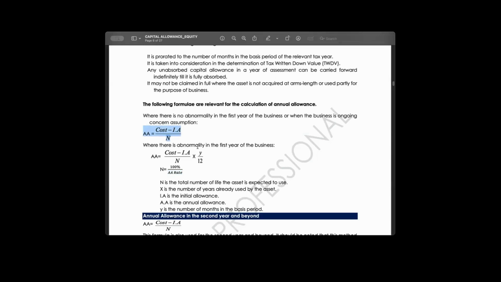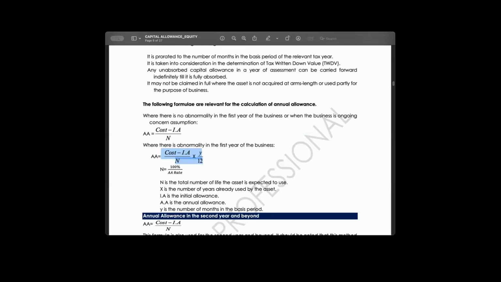When do you use this formula? You use this formula when your basis period is less than 12 months. Okay?